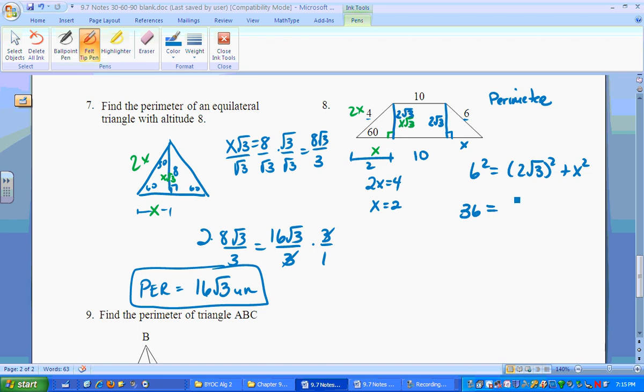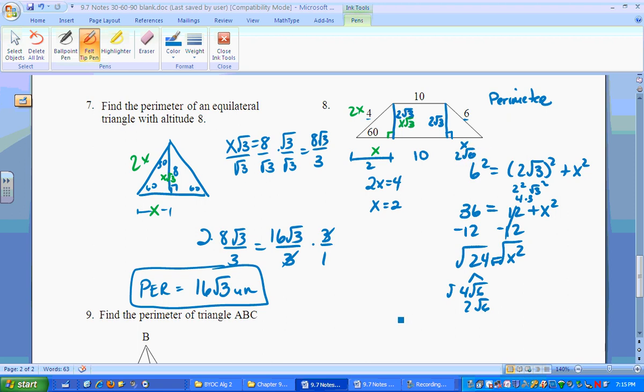That's 2 squared and root 3 squared. So that's 4 times 3, which is 12, if you didn't figure that out, which you did. You guys are smart. Subtract the 12, 24 is equal to x squared, root it, and you get in 4 and 6. So you really get 2 root 6.